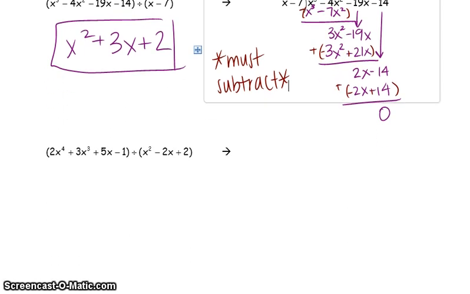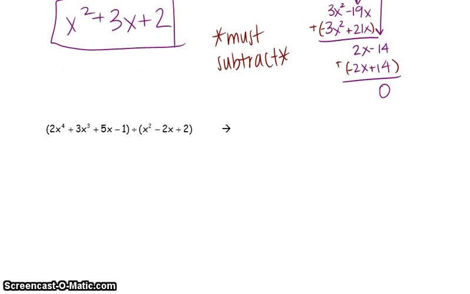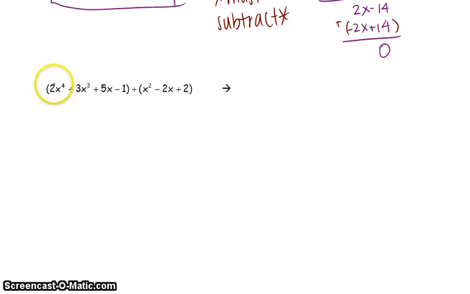Okay, now let's try one more. Right below, we have to fill it in ourselves. Okay, so given 2x to the fourth plus 3x cubed plus 5x minus 1 divided by x squared minus 2x plus 2. We need to write this out. So this is going to be on our outside, just like before.